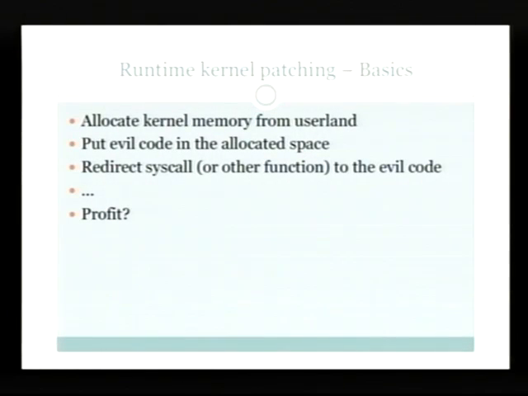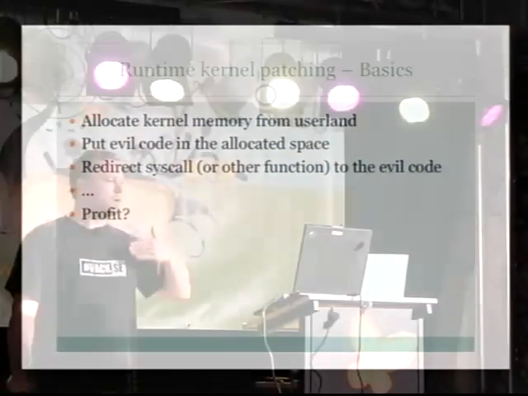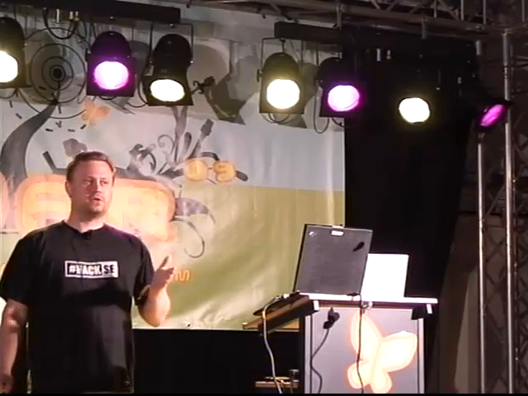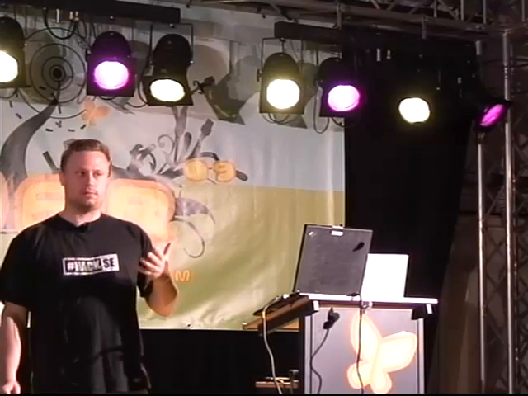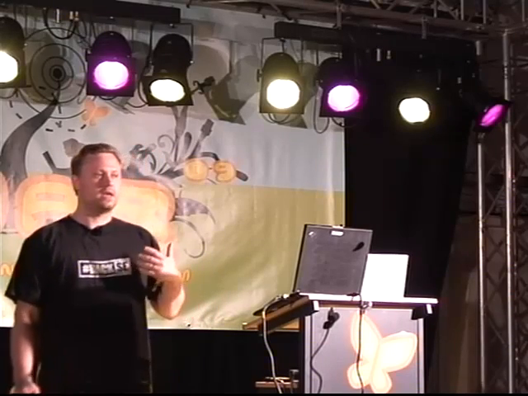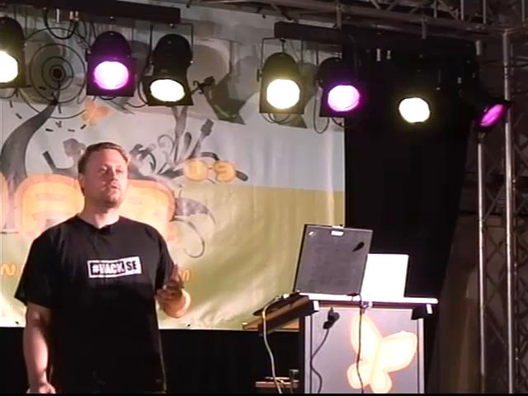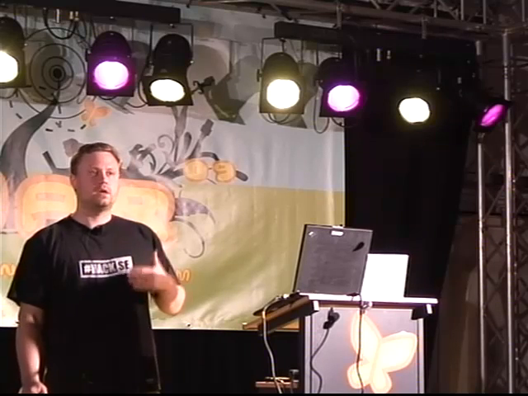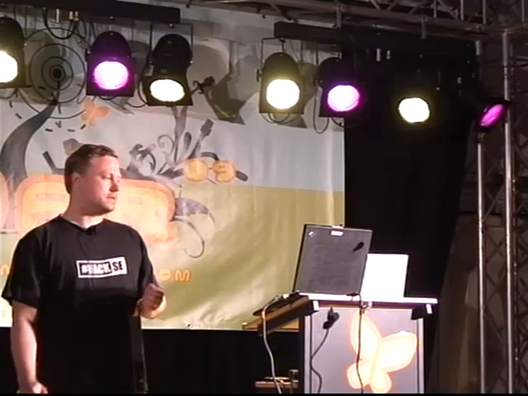In order to do this, we have to introduce our own code into kernel space. So the first thing that we have to do is allocate memory in the kernel. This is somewhat of a tricky part in most operating systems, especially in Linux, for instance. It's very tricky to allocate kernel space.